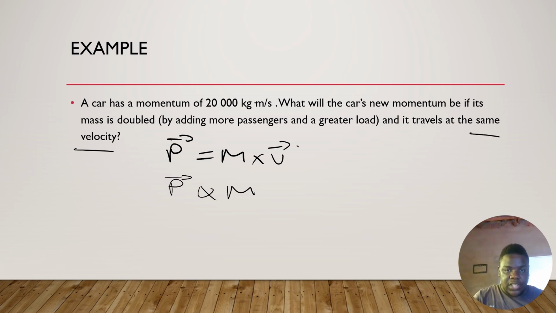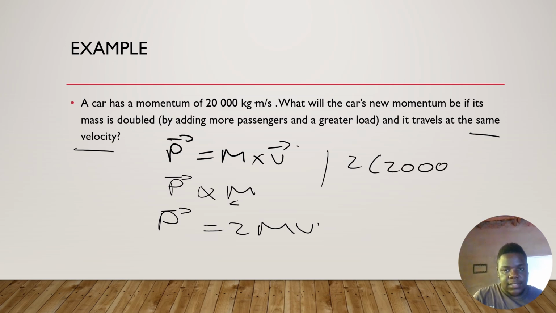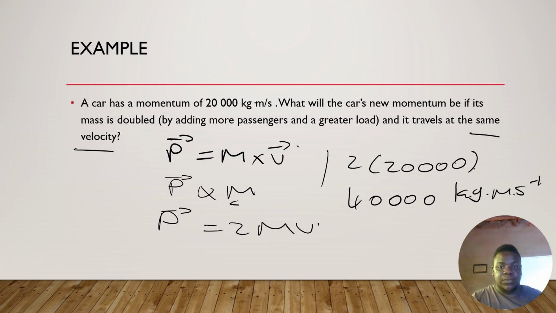Meaning if you double the mass, your new momentum will be equal to double the old momentum, meaning that your new momentum will be 2 multiplied by 20,000, which will be 40,000 kg meter per second.